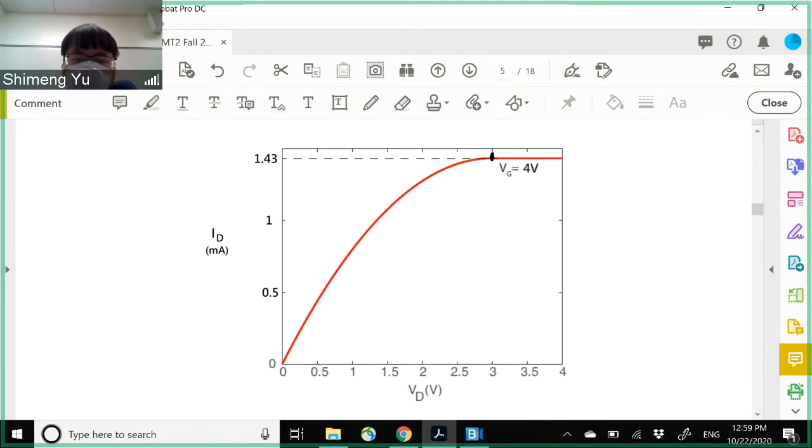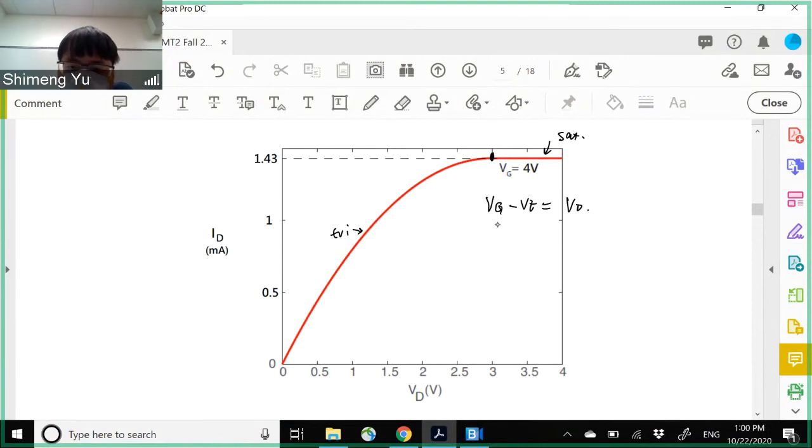In ID-VD, you know this part is the triode, and this part is the saturation. This is the boundary. This boundary again will be Vg minus Vt equals Vd. This is the boundary condition.